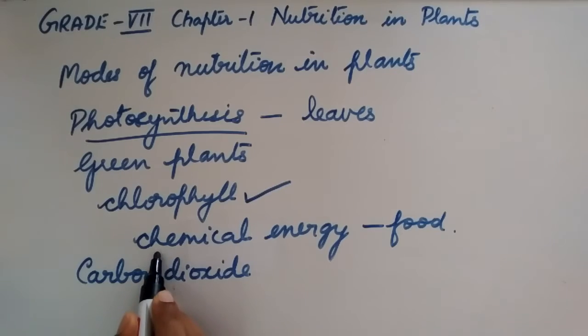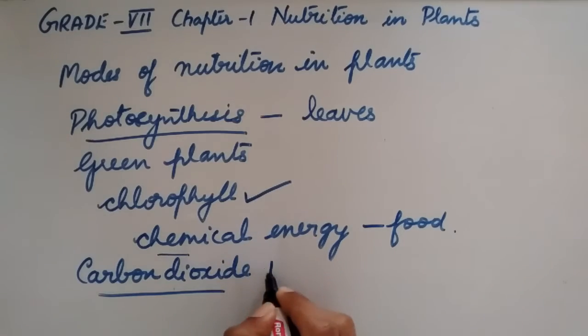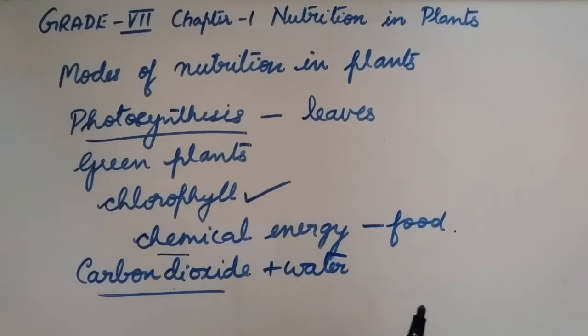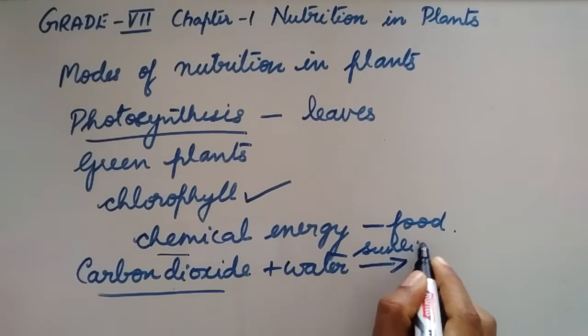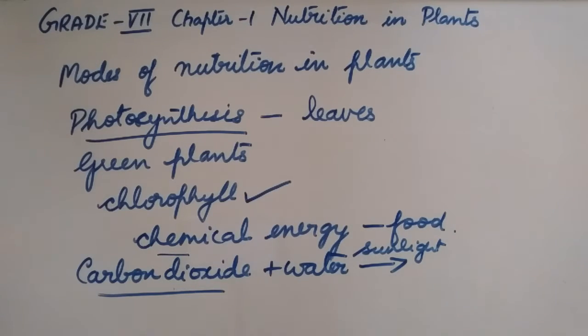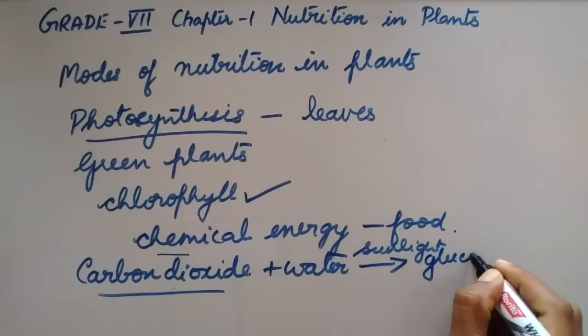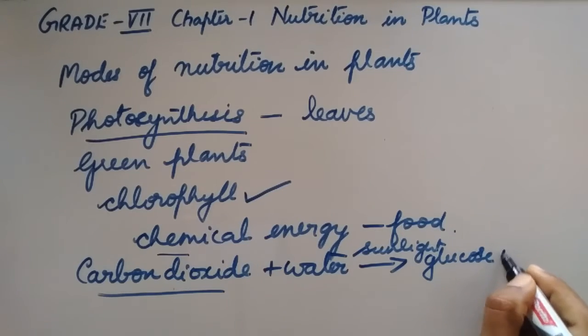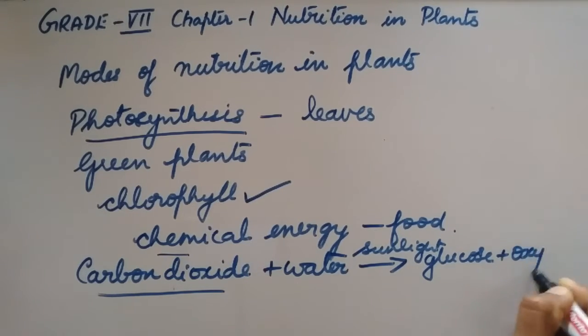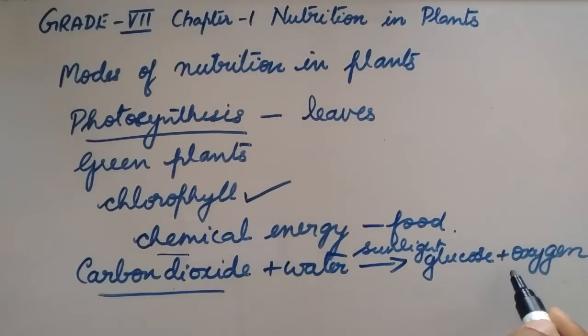In the chemical reaction of photosynthesis, the carbon dioxide and water combine in the presence of sunlight to form glucose and oxygen, and this oxygen is released into the air.